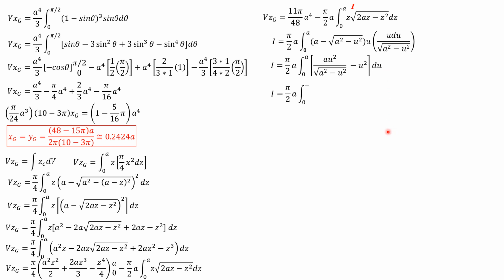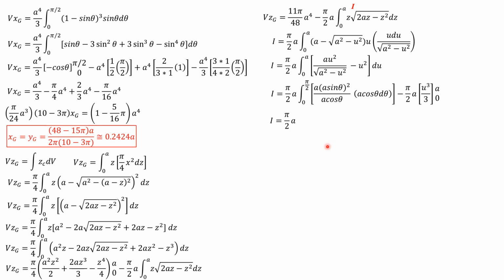So I is pi over 2a, integral 0 to a of quantity a sine theta, quantity squared over a cosine theta, times du, which is a cosine theta d theta, then minus pi over 2a u squared. So pi over 2a, integral of u squared du is u cubed over 3, 0 to a. So let's cancel out a cosine theta and apply Wallis formula for this case.